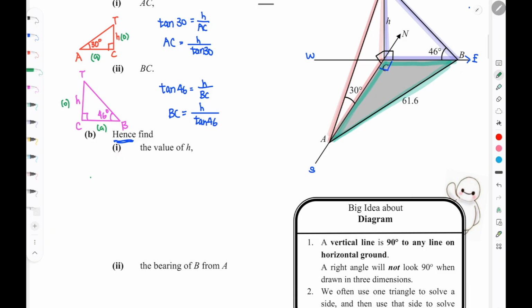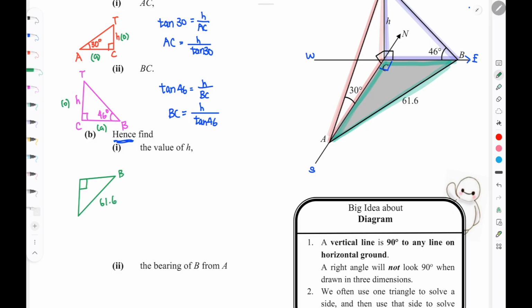So I will draw the triangle out. I'll draw from top view, so it's easier to see. Give me a while. Okay, never mind. So this is actually a right angle triangle. This is 61.6.